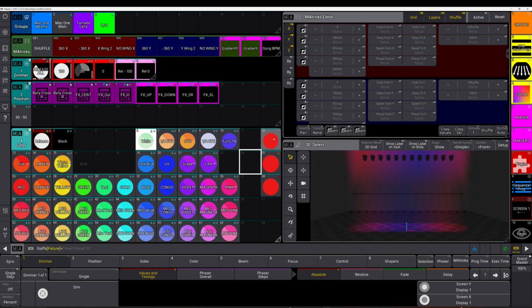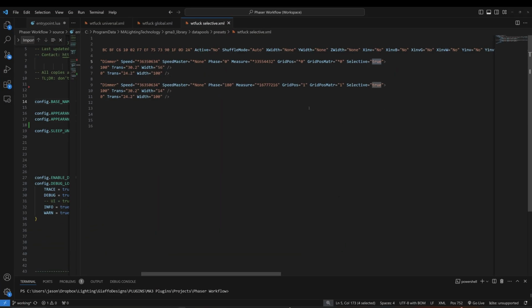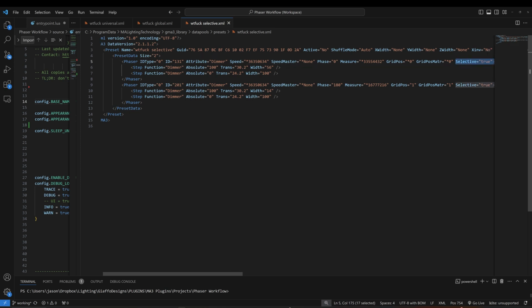In MA3, it's slightly different. A universal preset is actually just a global preset with a flag turned on that says this information is allowed to be used globally. And I had to dig into the XML structure of exported presets to figure this out. I don't want to bore anybody with that, but if you dig in just very briefly over here, if you dig into the information contained within selective attributes, you will see that they say selective is on.